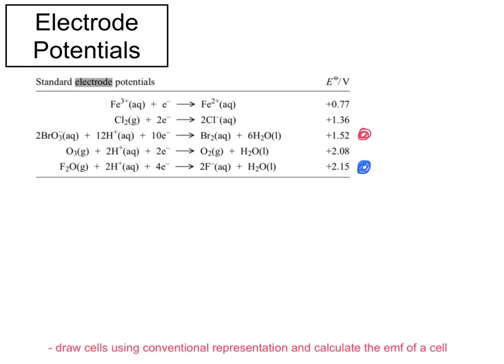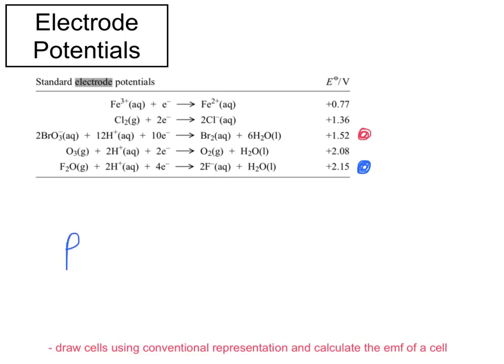In this case, again, we have no metal that will conduct the charge. So we've got BrO3 minus, we've got Br2. The H plus and the water are not taking part in the redox reaction that will go on, so we can kind of ignore those in terms of the cell representation. And we've got F2O on this side and F minus on this side, so neither of those conduct electricity.